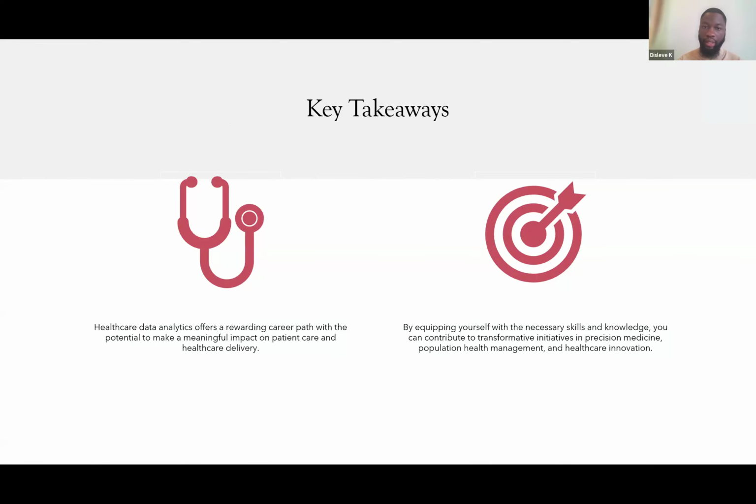So basically, the key takeaway is that I encourage everyone who's taking the step to learn or to become a healthcare data professional. The world of data is changing, and the world of AI, and especially in a field like healthcare, there'll be a lot of positions, a lot of need for people who can understand EHR data, people who can understand healthcare data and be able to tell a story, people who can build infrastructures and pipelines to process the data, people who can find different ways to visualize all this data.